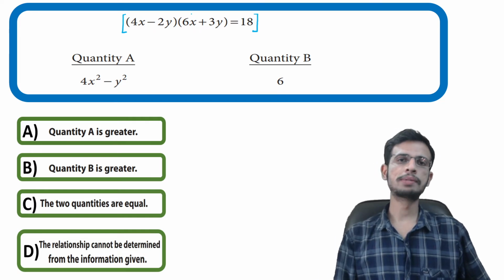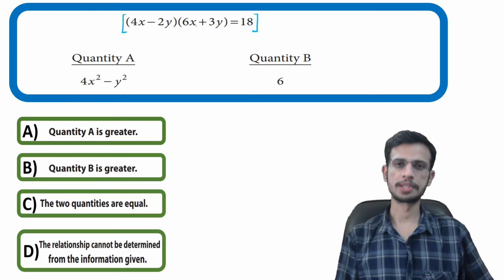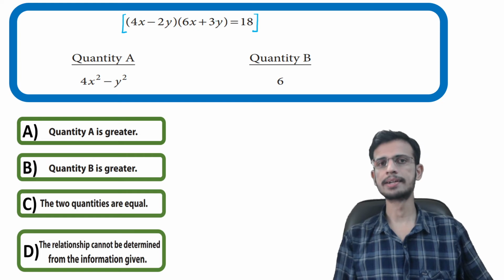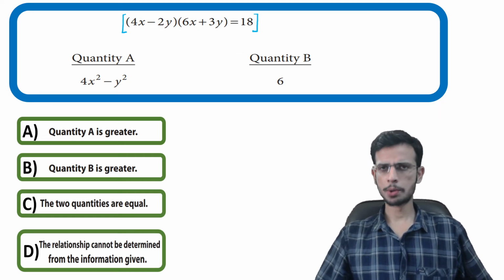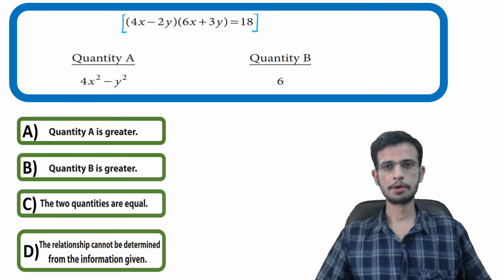Without the help of this equation, we cannot conclude option A, B, or C. Right? We need one equation to get the values of x and y. So for this video, it's a very good question, and you can give your answer.